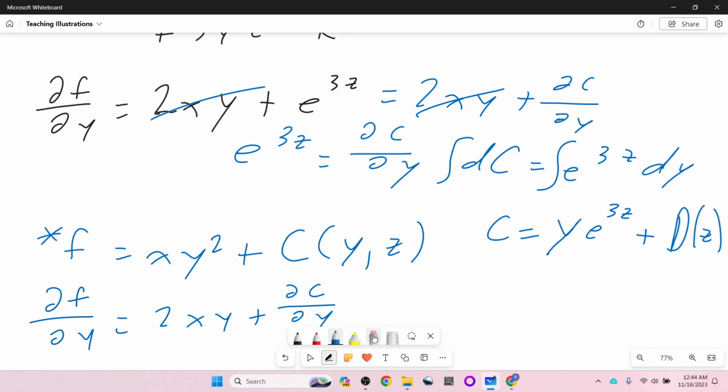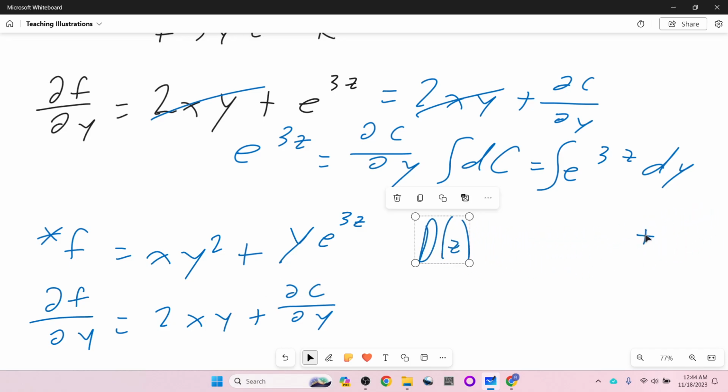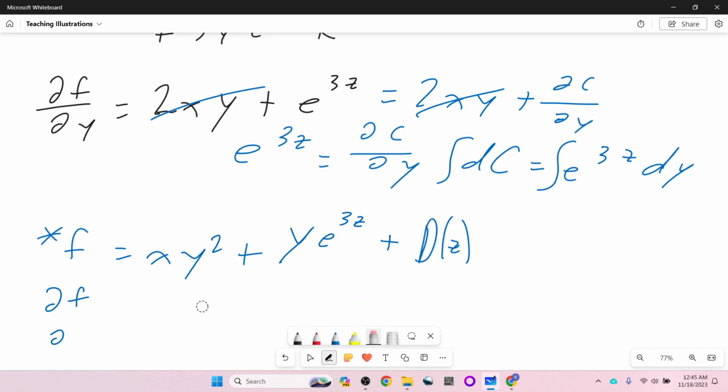Okay, so see, we're knocking out one variable each time. So instead of c, we can now replace that c with this thing that we just found. So we're getting closer. We still need to figure out what d is, but we're almost there.